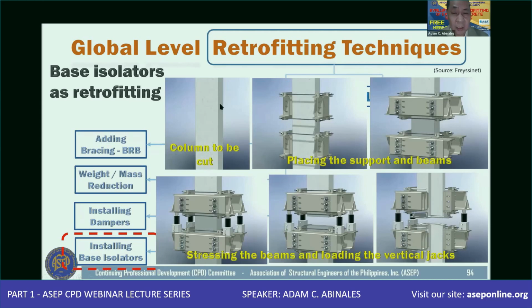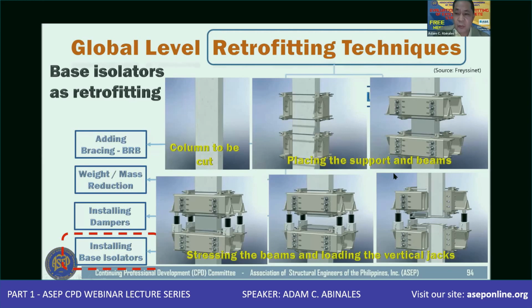Definitely you have to place the supports and the beams before you cut the column. So you have this mechanism for you to be able to jack the building. I'm talking about all the columns in a particular floor, and normally the cutting of the column, if you want to base isolate it, is at the ground floor. Or if you have a basement, then you look at the basement.